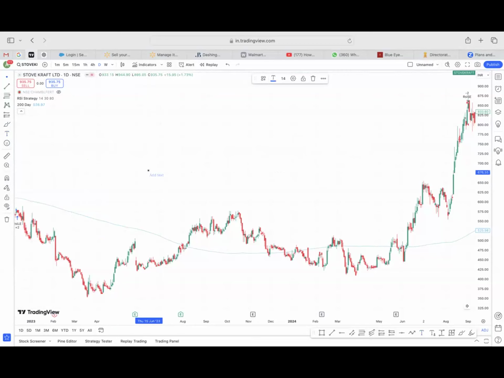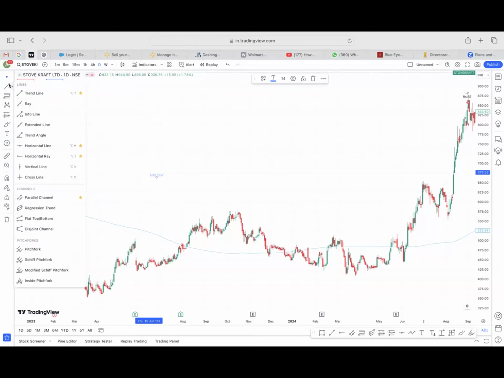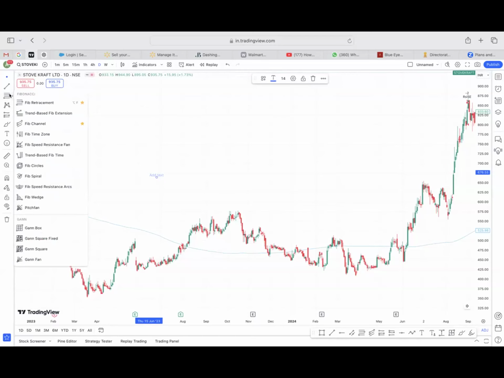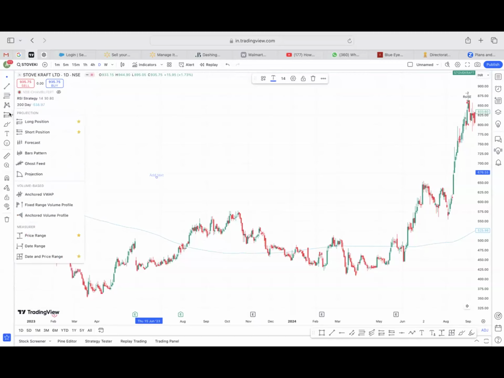Is everyone on the same line? If you guys have any doubts, you can just look here on the screen. In the lines, we want these four things: trend line, horizontal line, horizontal ray, parallel channel. In the next one, we want fib retracement, fib channel. Next, we don't want anything.